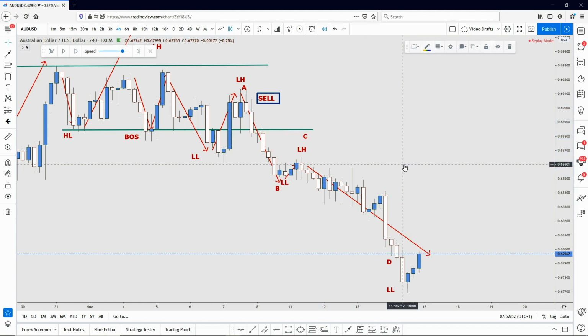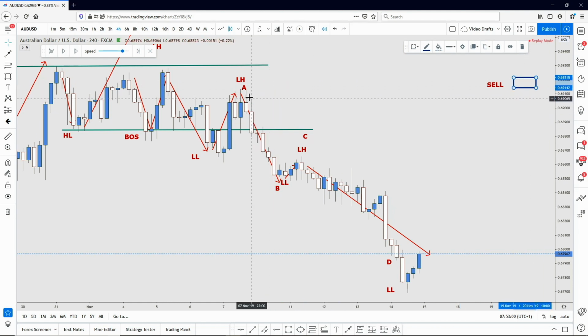So now we're going to delete Fibonacci here. We're going to move this out of the way. So it was making a lower low, lower high, lower low, lower high, and then it started dropping really quickly.